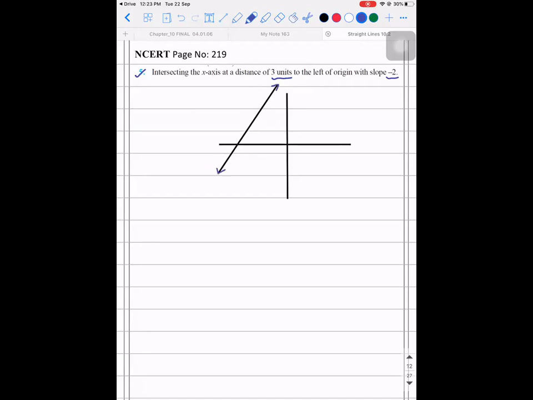So the slope of this line is given as minus 2. And what is this distance? Minus 3, comma 0.